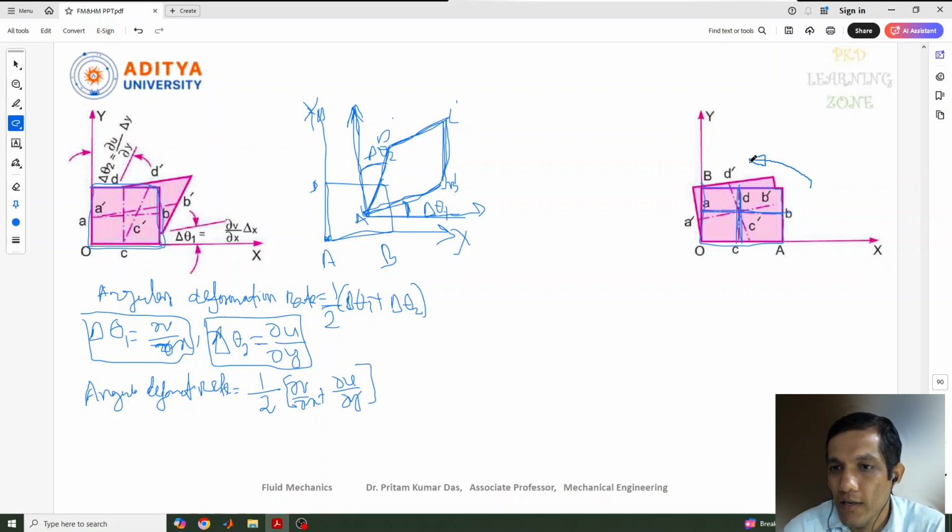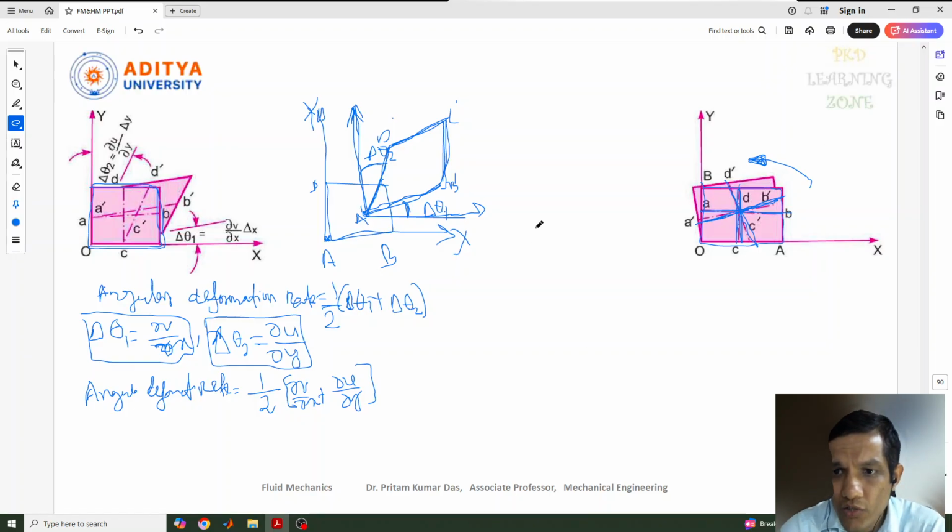Suppose it is rotating counterclockwise, or anti-clockwise. That means the x-axis, that AB, also rotated and changed to A dash B dash, and the CD also changed to C dash D dash. So both the axes are rotated here.